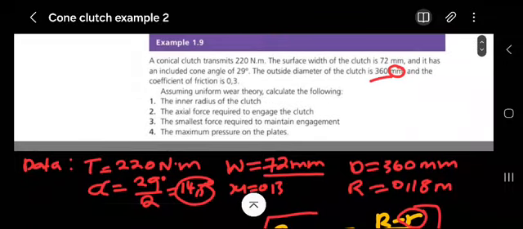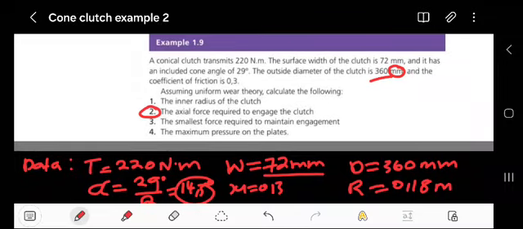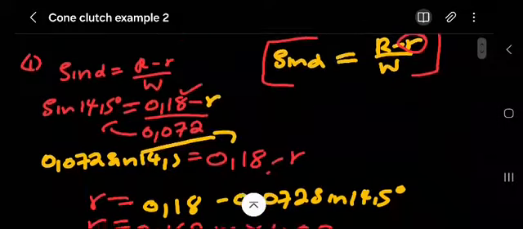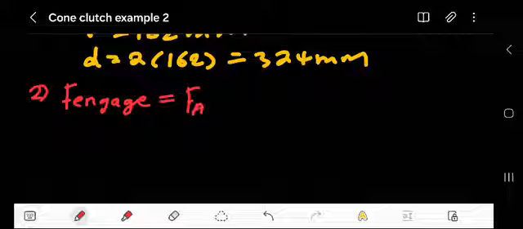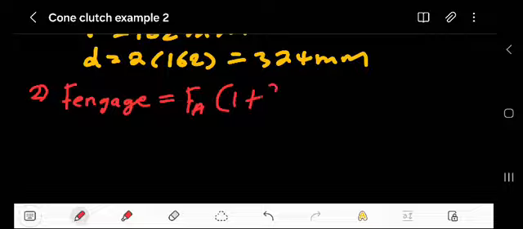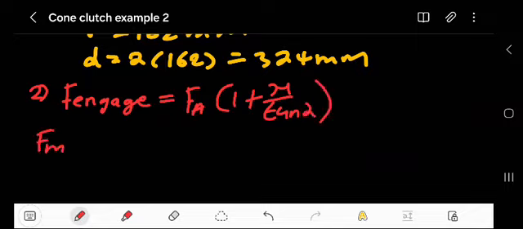But no problem. So number 2, the axial force required to engage the clutch. We know that we have two special formulas for F engaged. We know that this is supposed to be equal to axial force into 1 plus coefficient of friction over tan, right? But F min is this one, the minimum force.